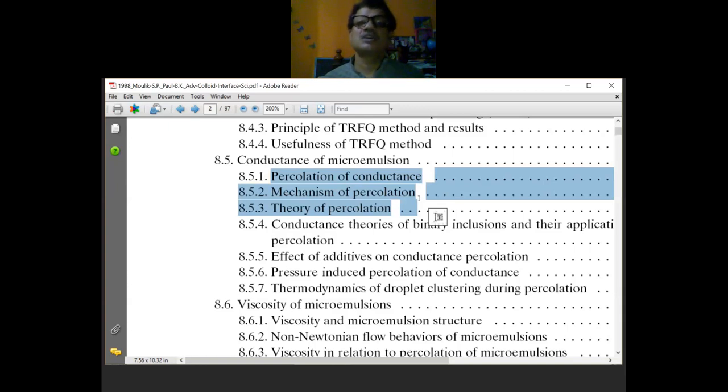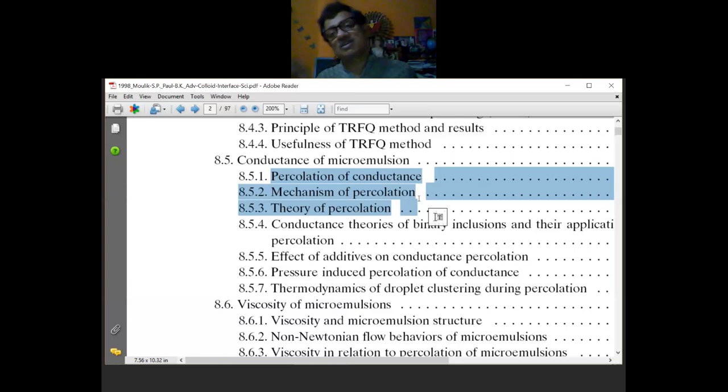And we have seen that in case of water in oil microemulsion comprising ionic species, the percolation could be either volume induced, where I increase the volume of the dispersed phase, the water, and after a threshold volume of added water there would be a manifold increase in electrical conductance.